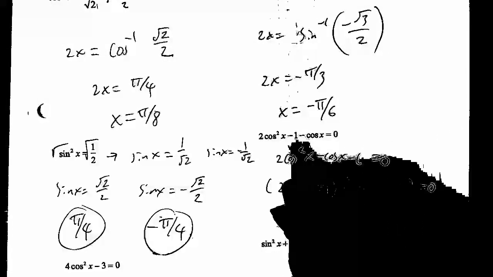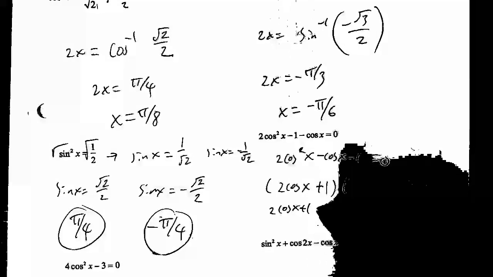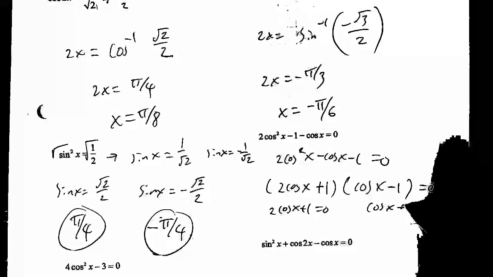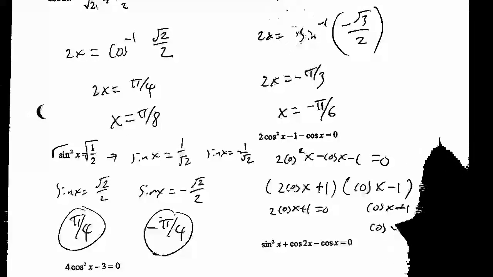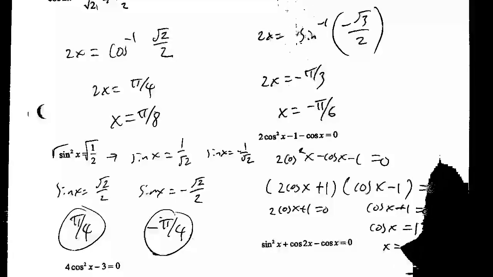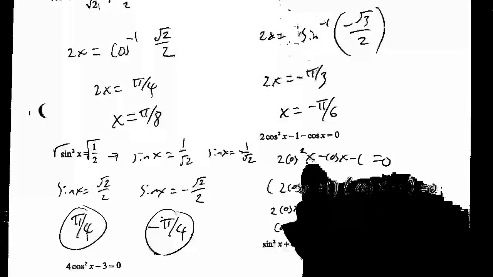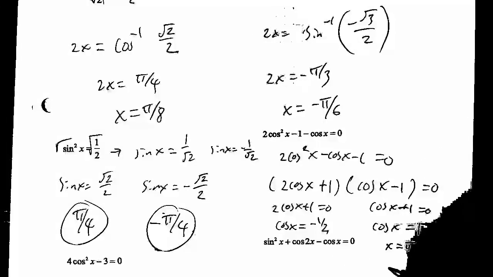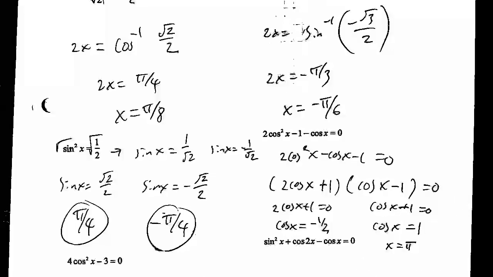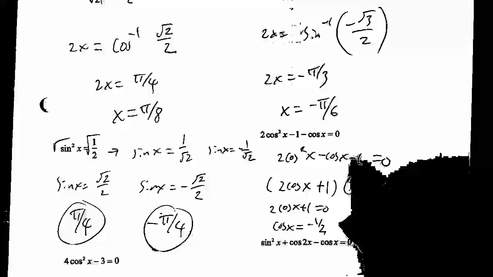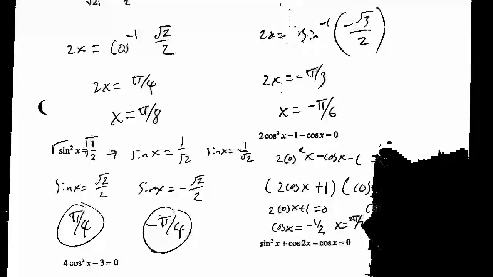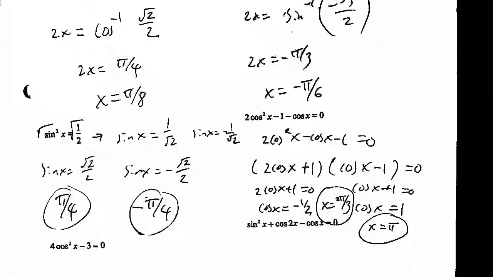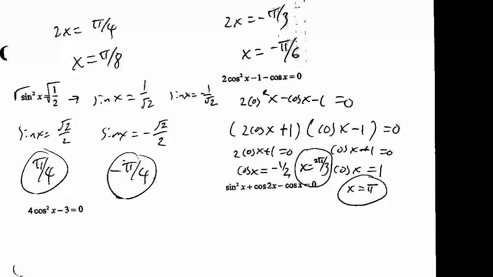That means that 2 cosine x plus 1 equals 0, and cosine x minus 1 equals 0. It means cosine x equals 1, so x would be 0, and cosine x equals negative 1/2, that would be 2 pi over 3. Okay. So if it looks like a trinomial, you want to factor it.